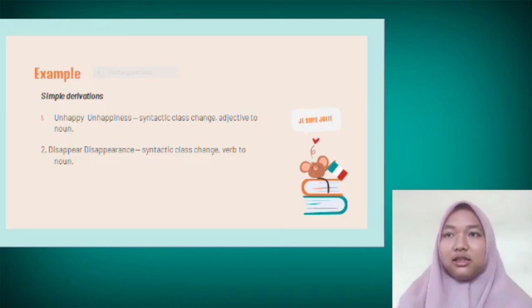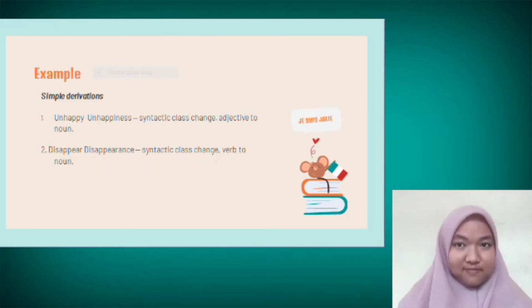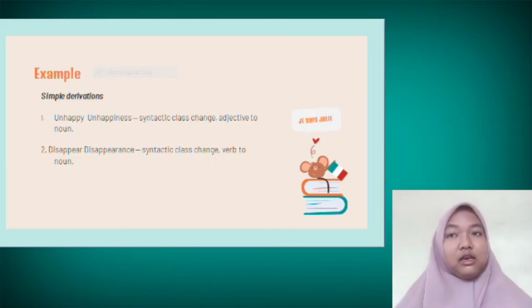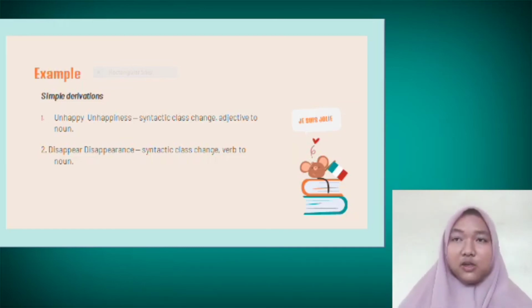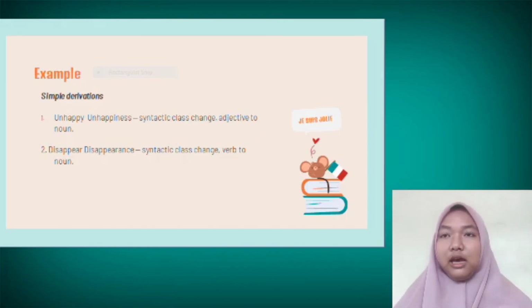This is a syntactic class change from adjective to noun. Unhappy is an adjective, and unhappiness is a noun. Another example here, disappear as a verb becomes disappearance as a noun.